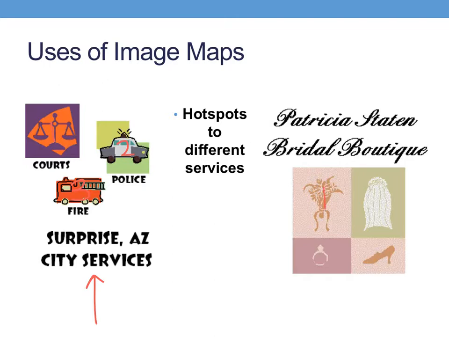You can click on flowers, the dresses and the veils, the rings, or the shoes. You can click on one of those four areas and it will take you to more information about that topic. And again, it's just more engaging to click on a picture sometimes, if you have a really good image map picture, than to click on text. Text can sometimes be a little boring, whereas these images jazz up your website a little bit more.